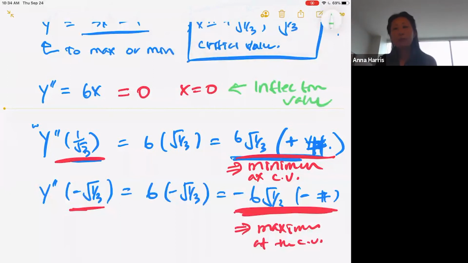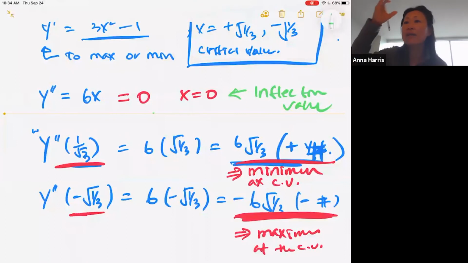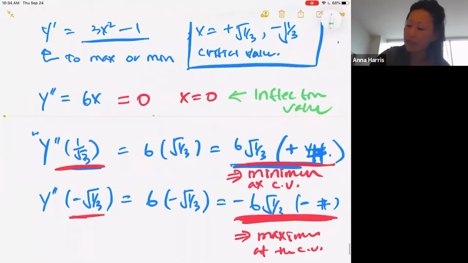Inflection value. If I want to find the inflection point, can somebody tell me what I need to do? Inflection point means I have x and y values, right? So how do I find the inflection point? Can somebody tell me?